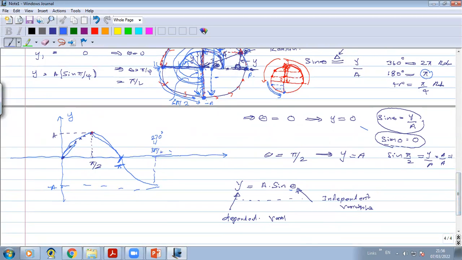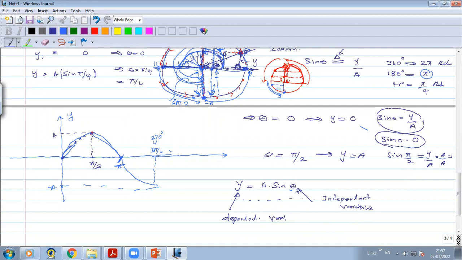And what happened if this point P is traveling from here to here? What happened? So again, this y is reducing to this direction, no? Reducing to this direction. Okay. And here, it will be exactly again y equal to 0.